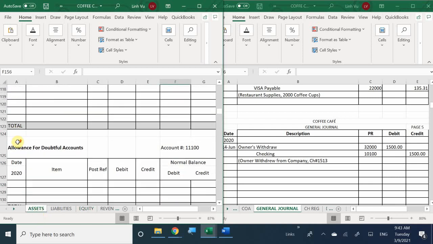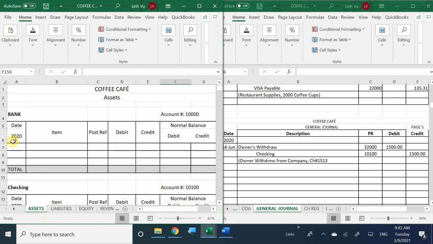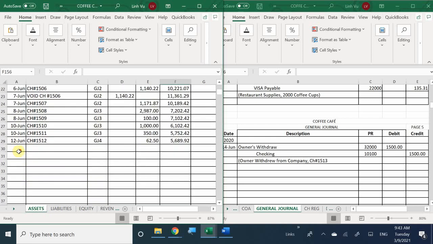And last but not least, you're going to go to your checking account because you wrote the check. All right, 10,100. Check number 1513. General Journal number 5.